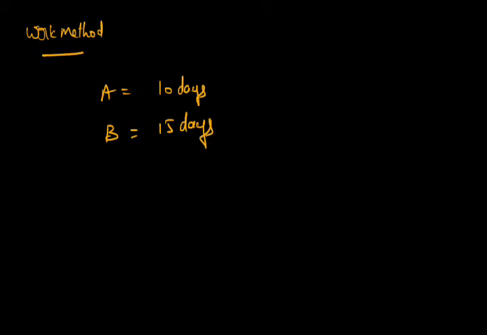Now the second way, the total work method. Again, the same problem. A can do the piece of work in 10 days. B can do the piece of work in 15 days. Now let's assume the total work. By assuming the total work, we usually take the LCM of 10 and 15, the total work which divides both 10 and 15 completely and gives an integer.